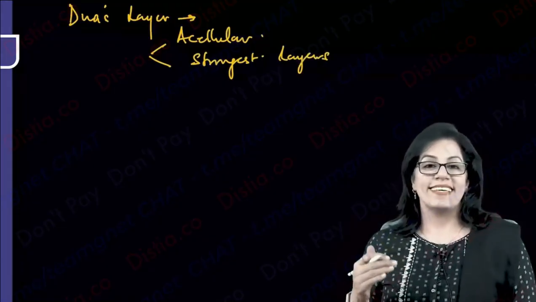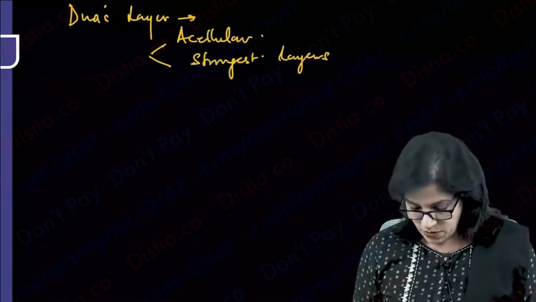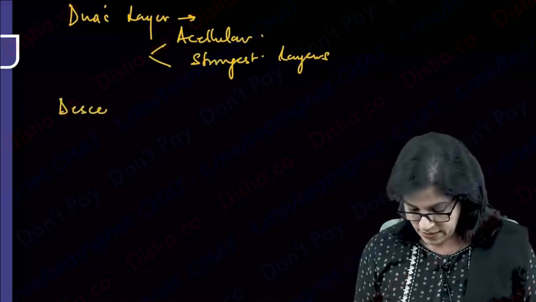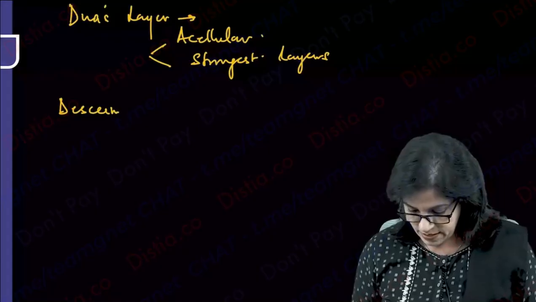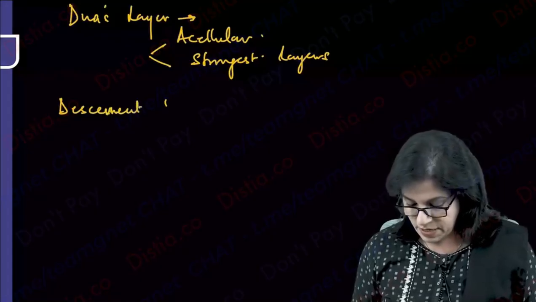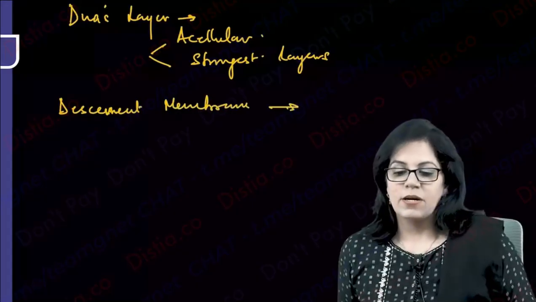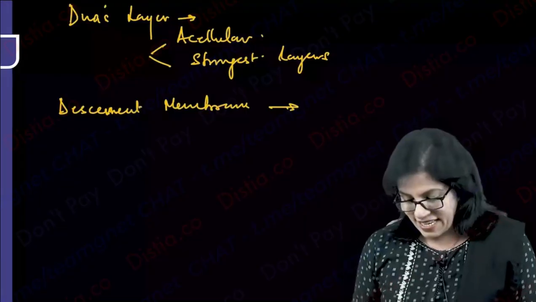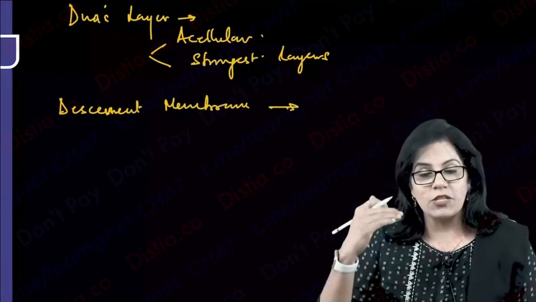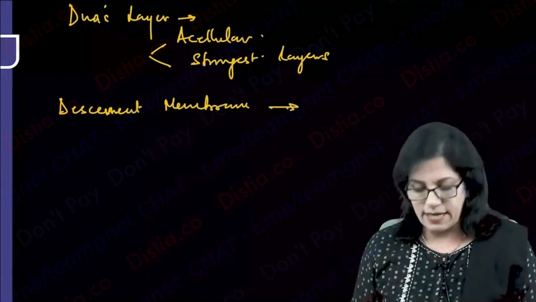What comes next is Descemet's membrane. So give the heading Descemet's membrane. Descemet's membrane is actually banded and non-banded.